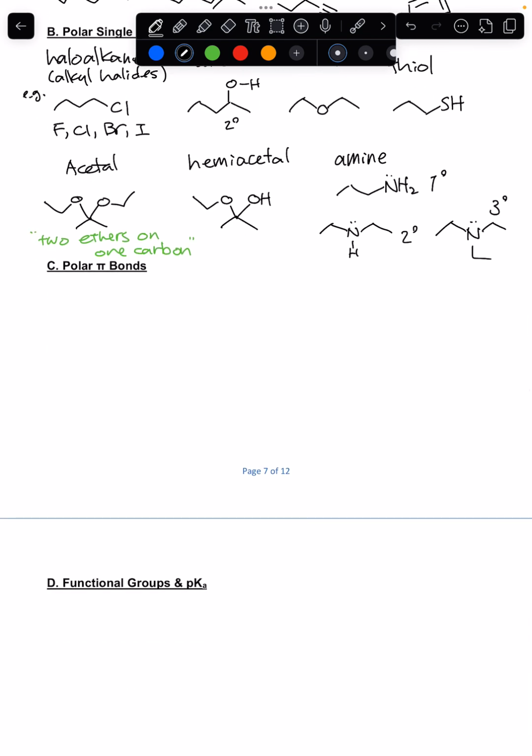Now, there are functional groups that have a polar pi bond, in other words, double bonds, and here are some examples. There's that polar pi bond, carbon-oxygen double bond. This is called an aldehyde. And it might look very similar, but this is called a ketone. Okay.